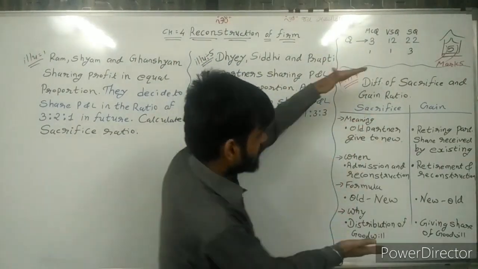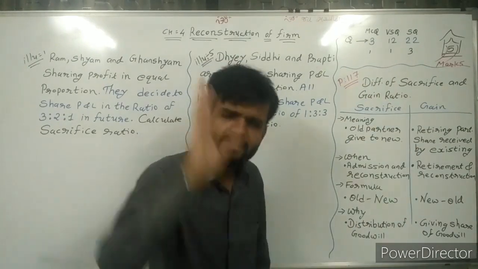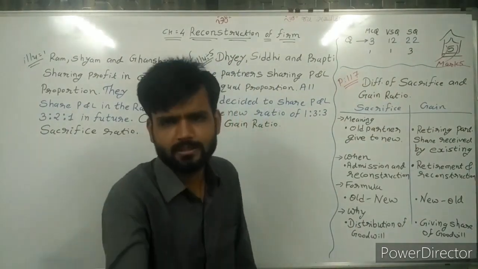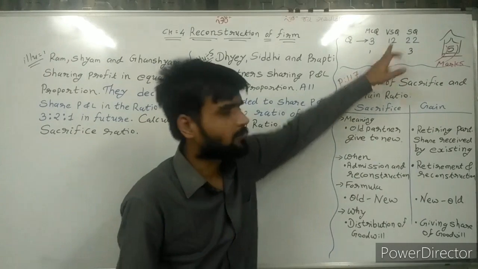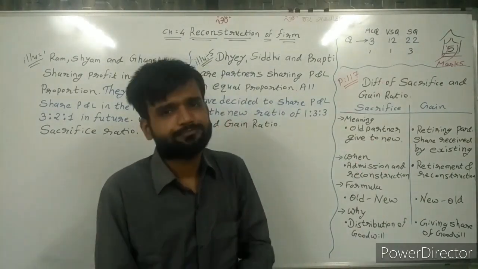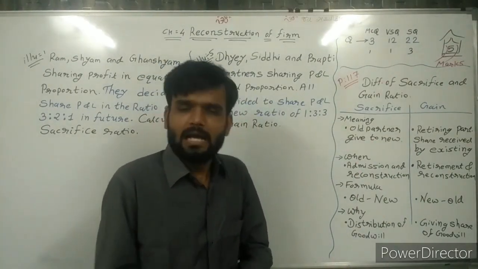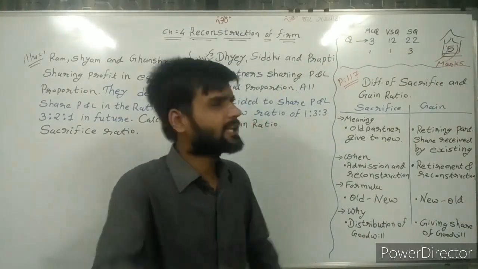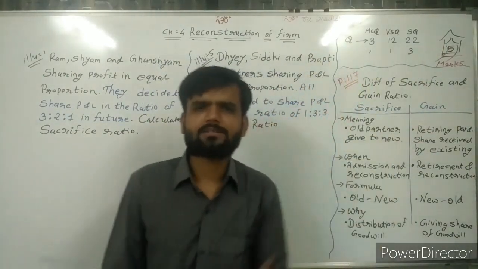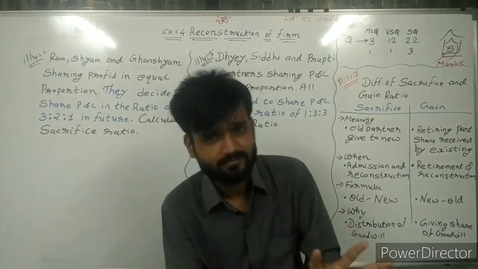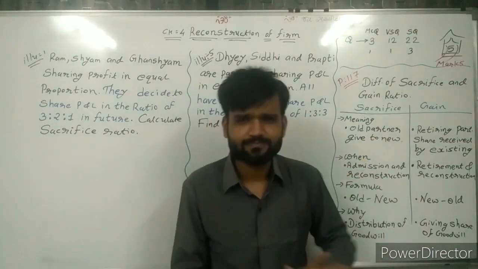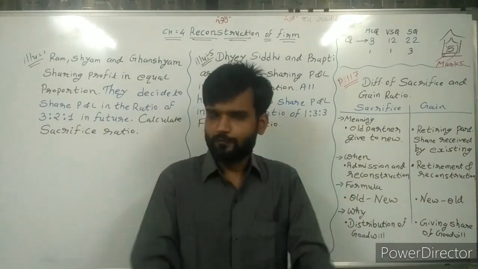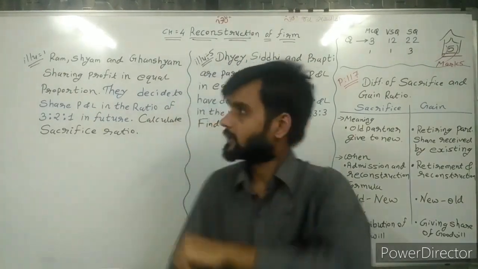Second, by this short theory we have discussed, 1 mark is also easy to get. So in today's lecture, we are getting a full 5 marks. Generally, 3 marks are fixed.